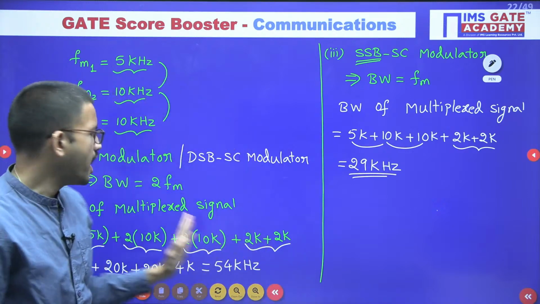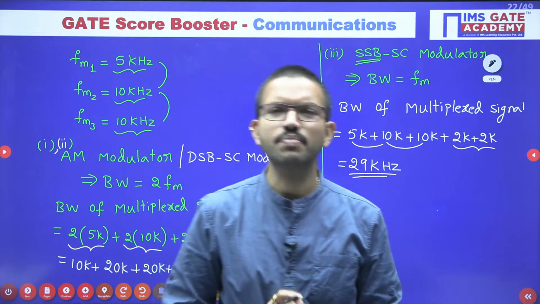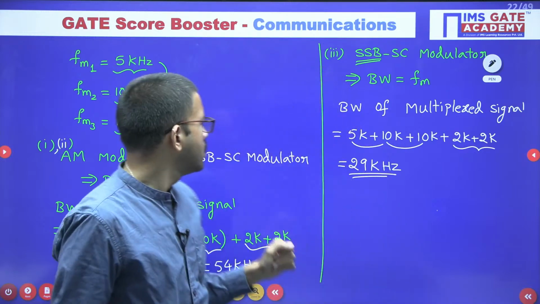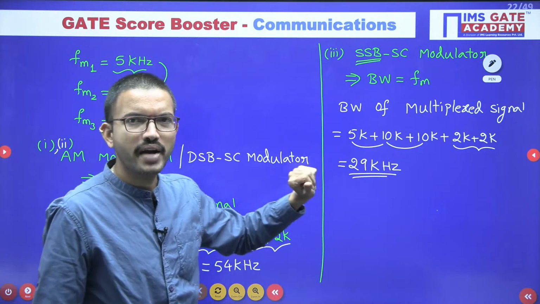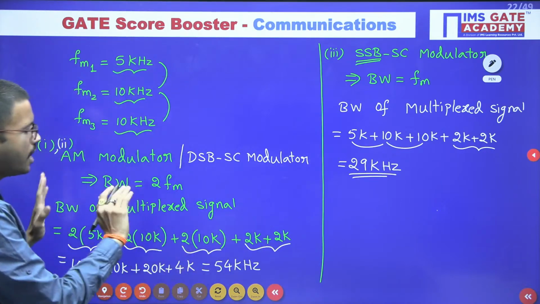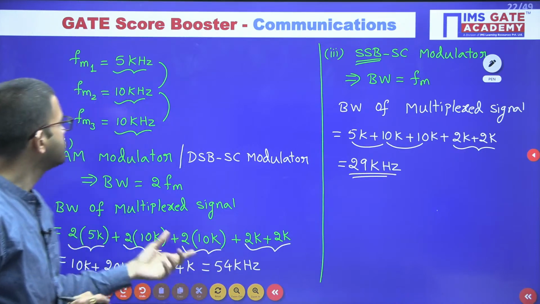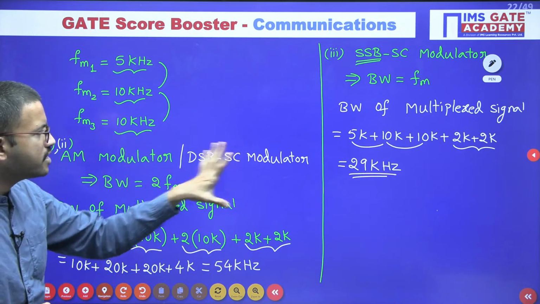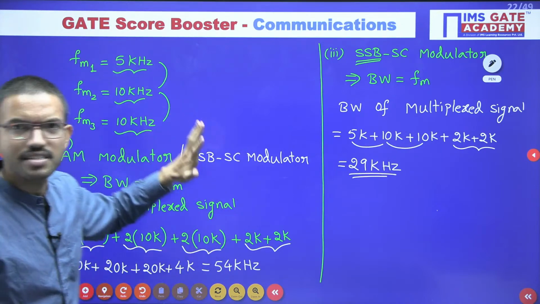So now you can observe with the help of this simple example, with respect to real-time application, with respect to bandwidth, say for example, if you are having 54 kilohertz bandwidth, then with the help of AM modulators or DSBSC modulators, we can pass these three signals.